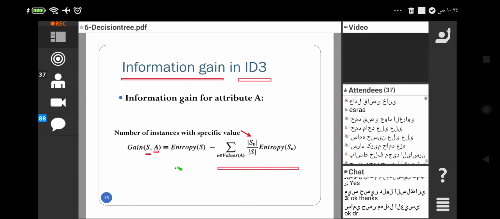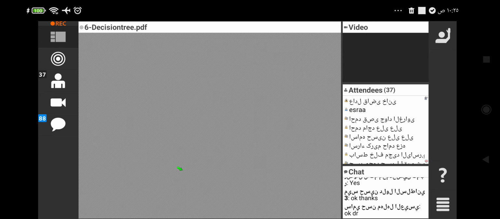This topic about the decision tree is finished here, and we talked about the decision tree. It was a classifier which we can use.